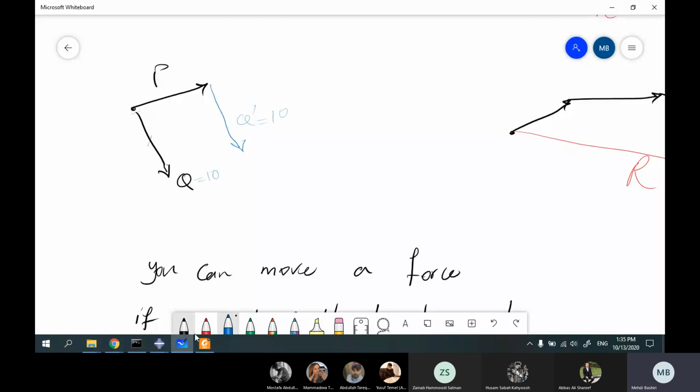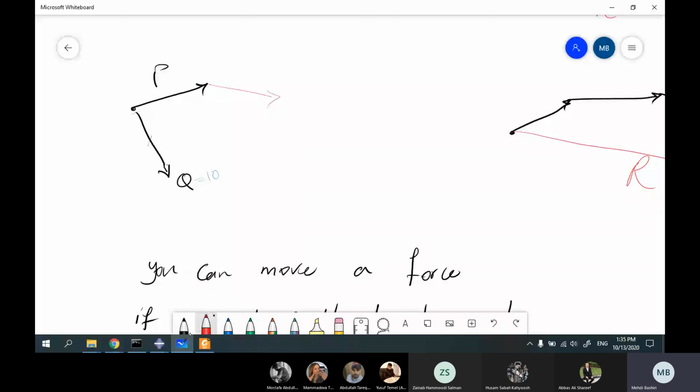But I am not allowed to, for example, move the force in this way. Why? Because the red one is not parallel to this one.